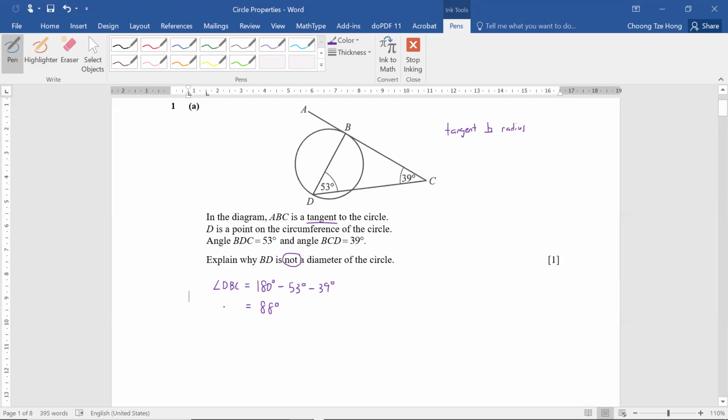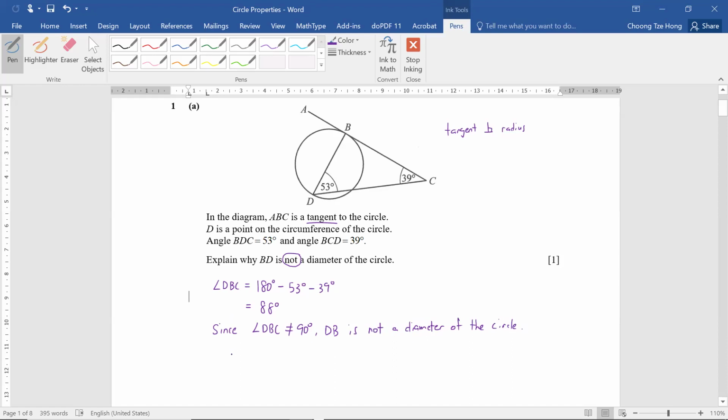Now we just need to write a concluding statement to explain what we mean. Since angle DBC is not equal to 90 degrees, DB is not a diameter of the circle. Let's go ahead and elaborate to show that we understand what we are saying.